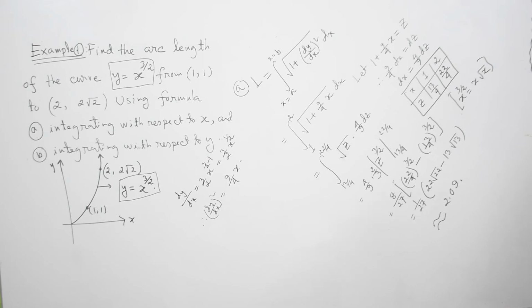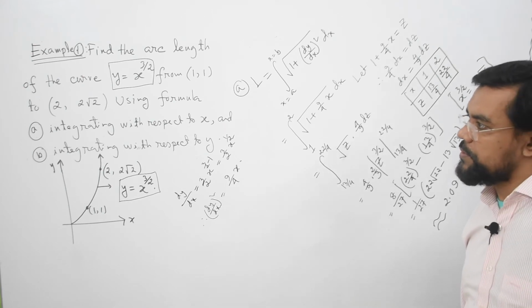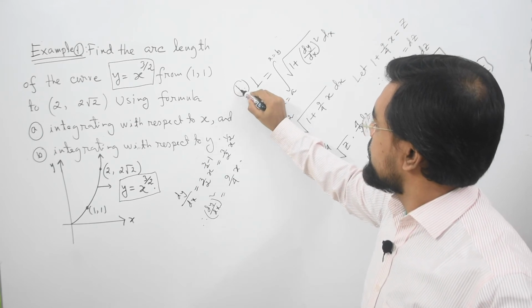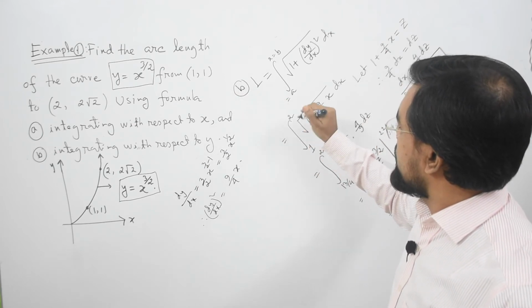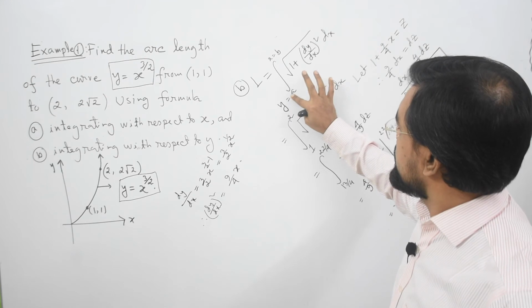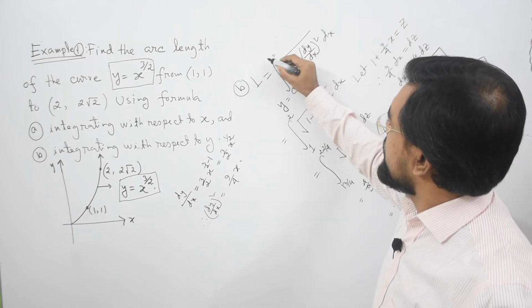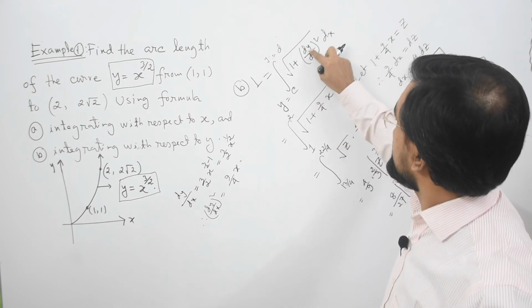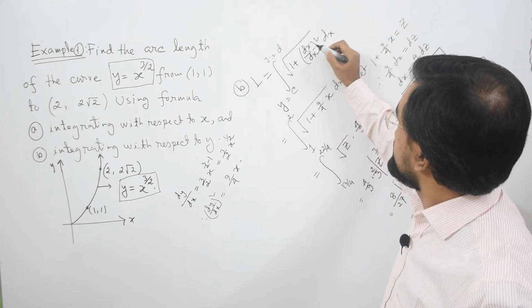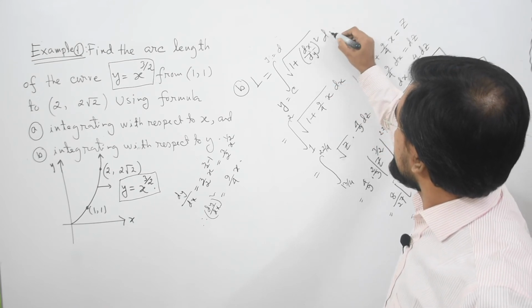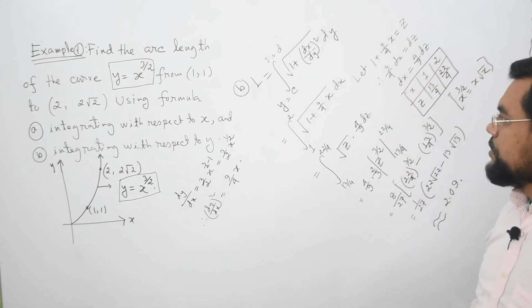Now let us try to solve the same problem by using our second formula, which is integrating with respect to y. So y equals c to y equals d, and here it will be (dx/dy) squared, integrating with respect to y.